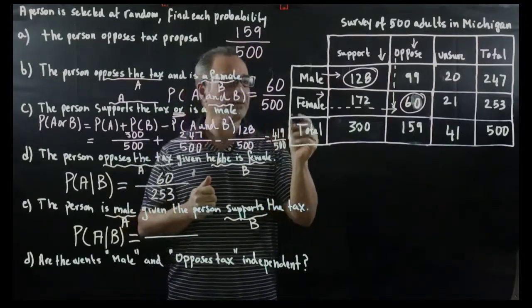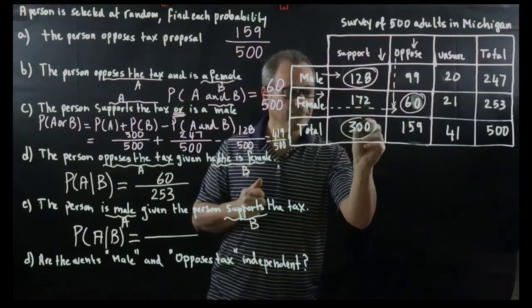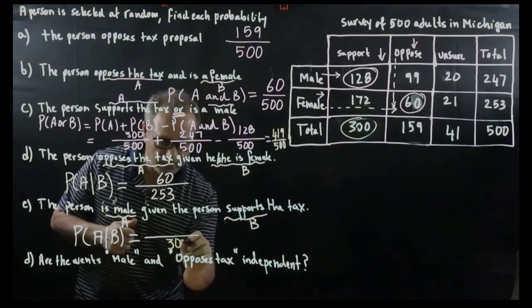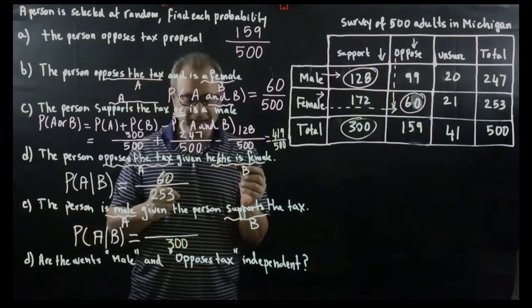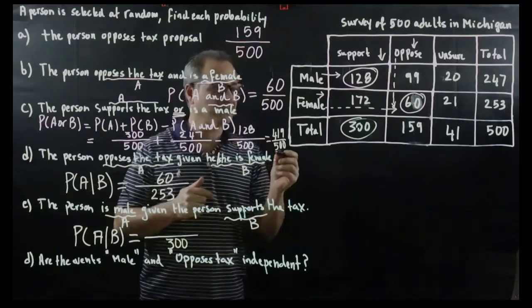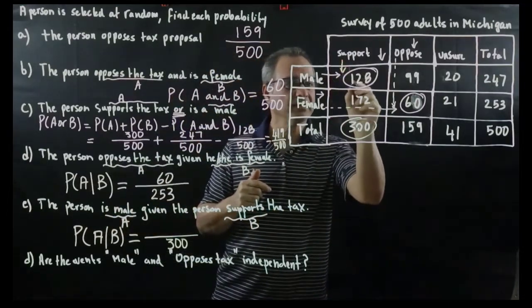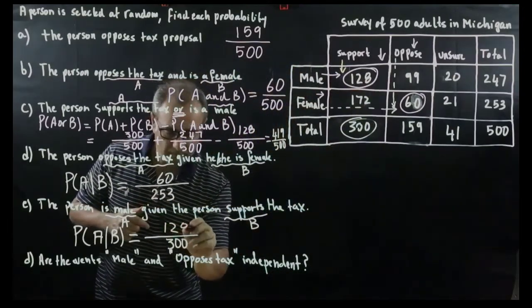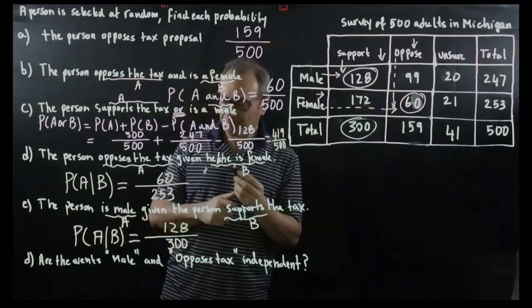What's the total number of adults who support tax? It's 300, it's right here. So that's 300. Now, favorable outcomes. We want the person to be a male and support the tax. Male and support the tax, which is 128. All right, so that's E.